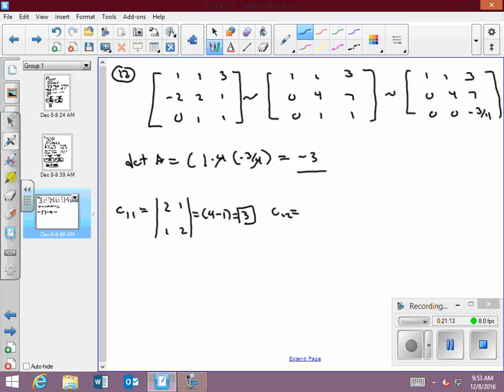Okay, so then that's a -1 to the 1 plus 2, and it's 1 times the determinant of -2, 1, 0, 1. Make sure I do this right. So that's a -1, negative, and a -2, right?